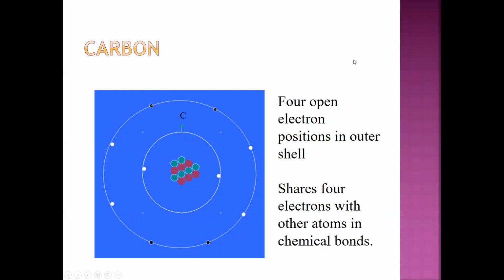Carbon has 4 open electron positions in its outer shell, which means that it shares 4 electrons with other atoms in covalent bonds. And that's why it's such a good molecule to serve as the basis of life, because it can join with many other atoms and form the complex shapes required for proteins and other molecules of life.